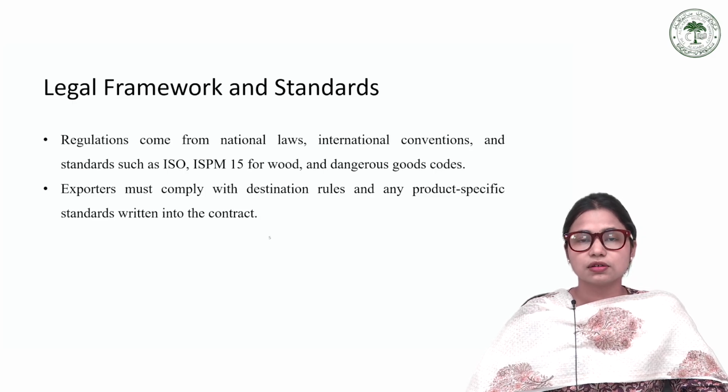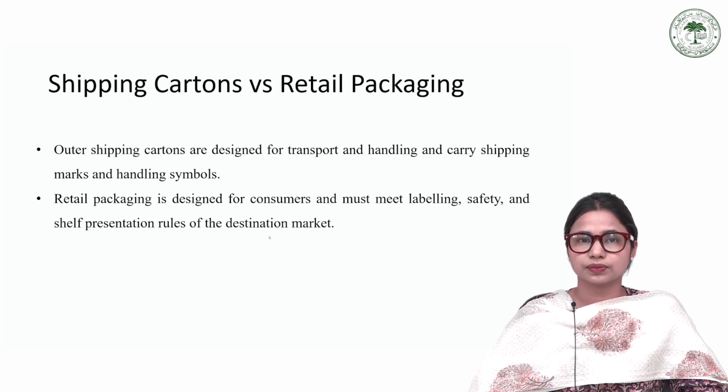Exporters need to comply with the destination country rules and guidelines, and they must know the product specific guidelines being followed in the destination country, and it must be there on the contract, and all the orders must be followed up according to what the contract agreement says.